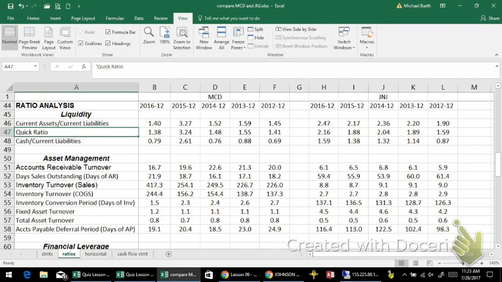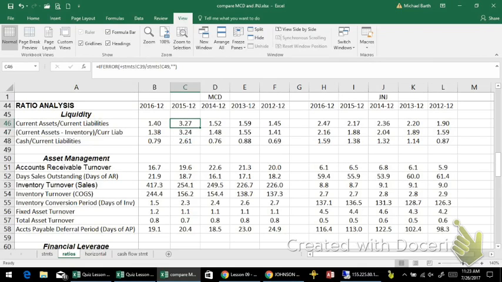The quick ratio is current assets minus the inventory, because inventory is often considered not as liquid. So what we see here is there's almost no difference between McDonald's current ratio and quick ratio.